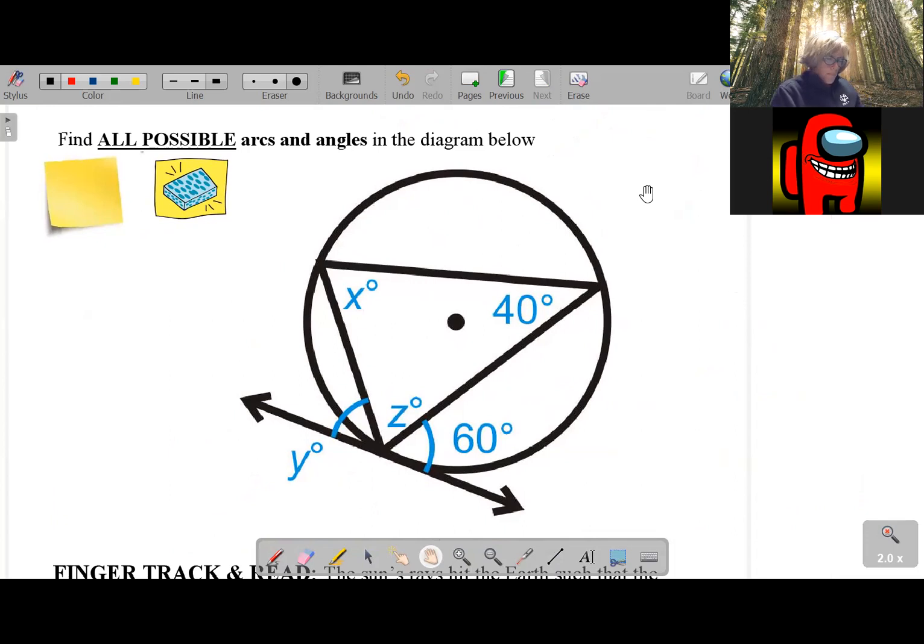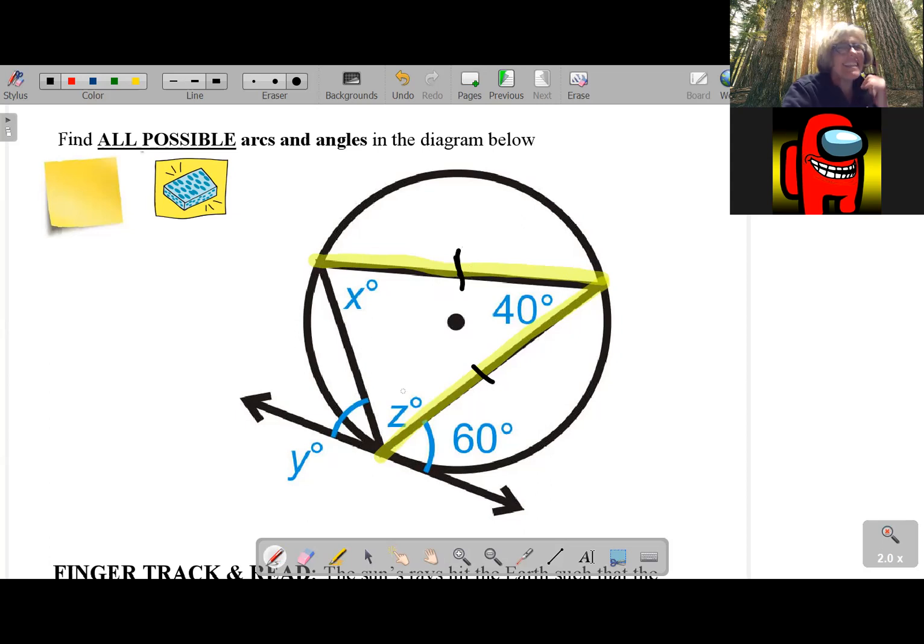And then I added Z with 60, and then I subtracted that from 180 and I got 50, but I don't know how to do anything from there.